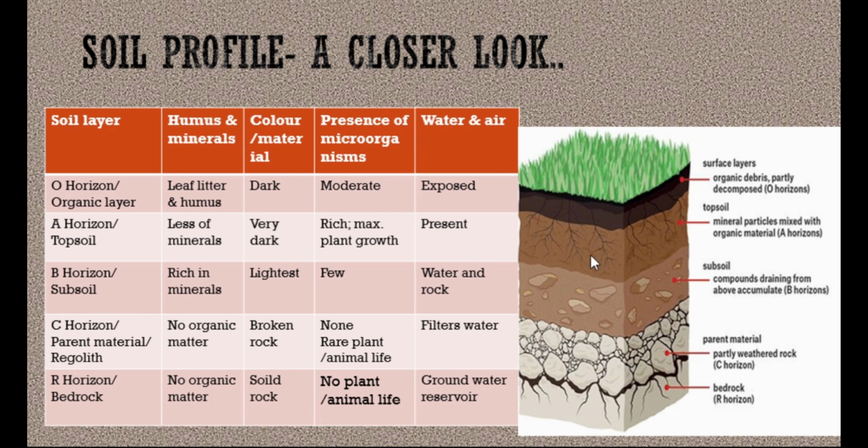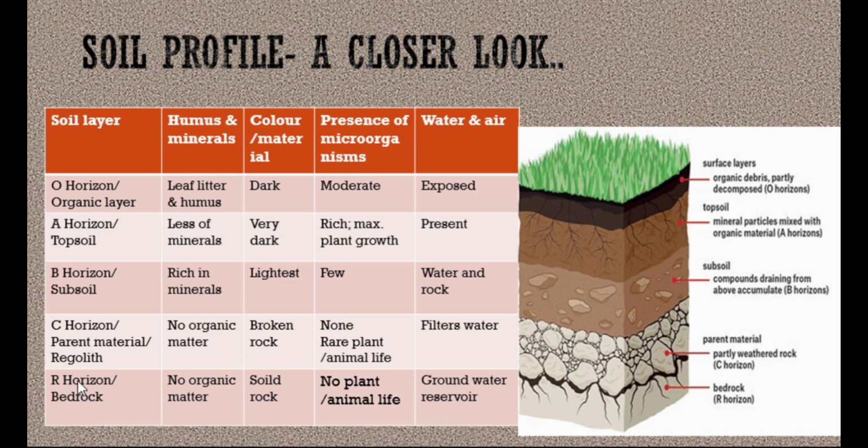This layer filters the water because it is made up of very small gravel or rock. Beneath this layer is a layer called the R horizon or bedrock. The bedrock is made up of solid rock and it has absolutely no organic matter present in it. For this reason, it is considered as rock and not as soil, even though it is a part of the soil profile. It acts as a reservoir or collecting chamber for the groundwater.